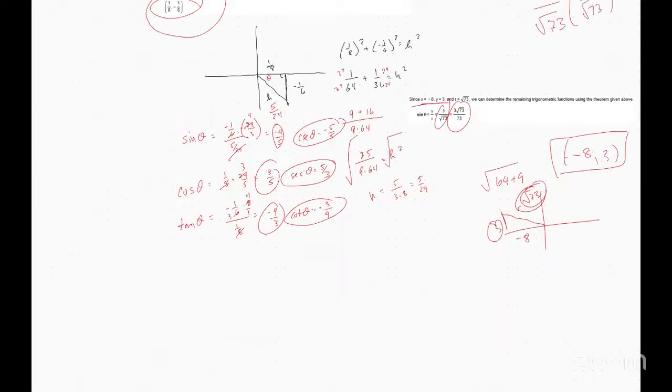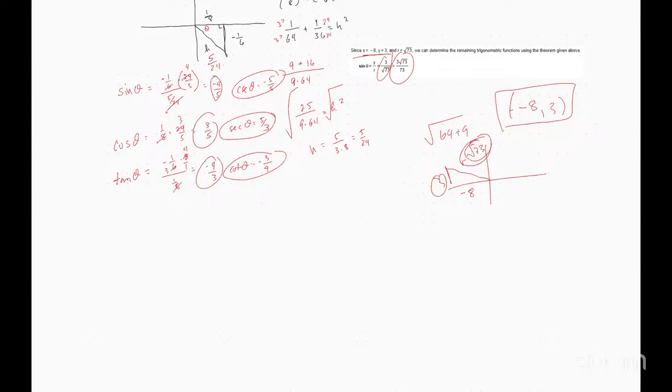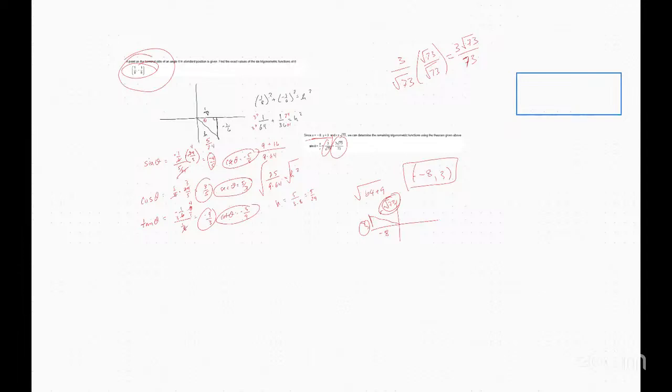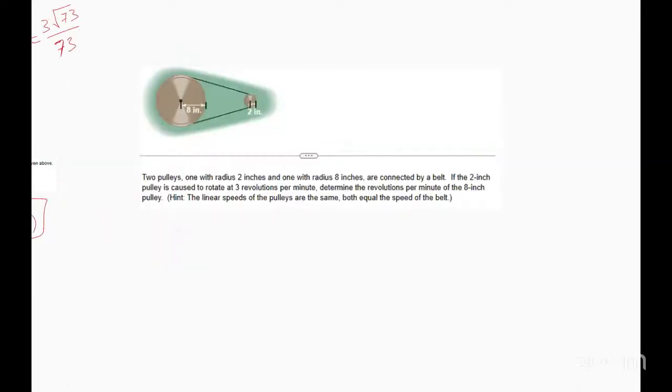I've got another one. It's another one that we talked about before, but I can't recall how to do it. Okay, show me what you're thinking. Show me how you're doing it to start. Okay, so where is the pen? So the two pulleys, one with a radius of 2 inches and one with a radius of 8 inches.